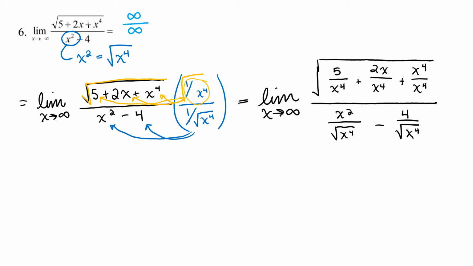Of course, I don't have any radicals in my numerator or anything, and that square root of x to the fourth, pardon me, is x squared.